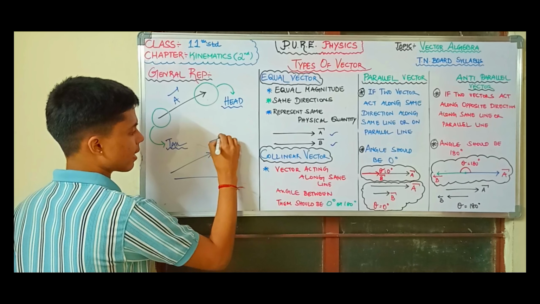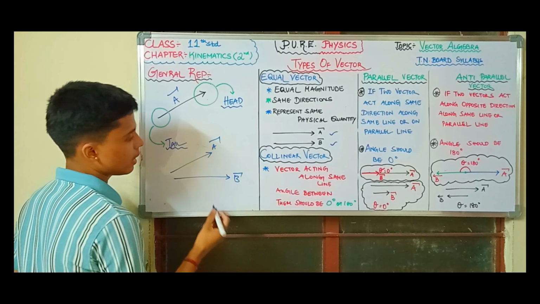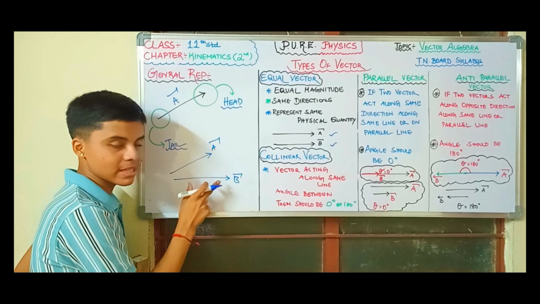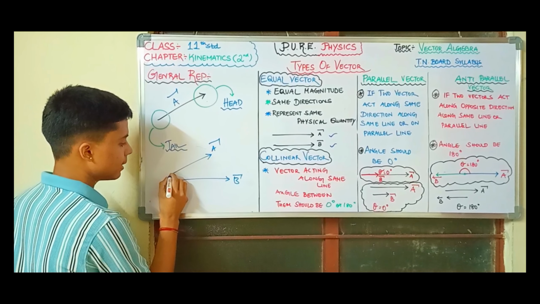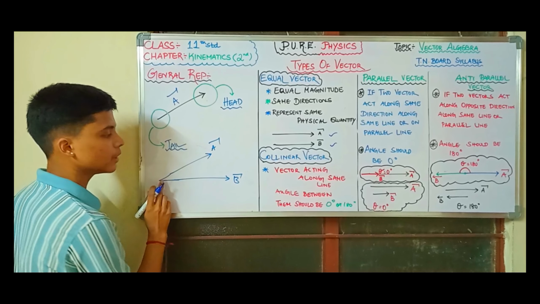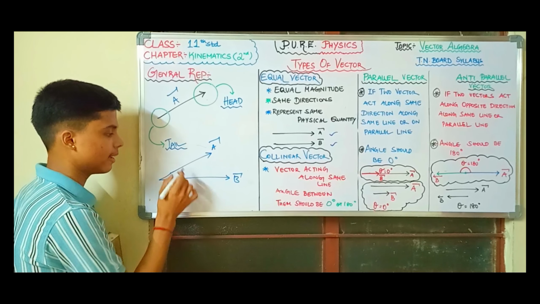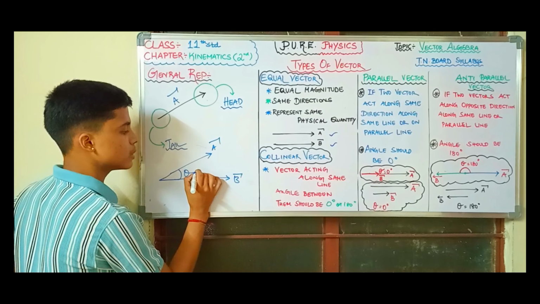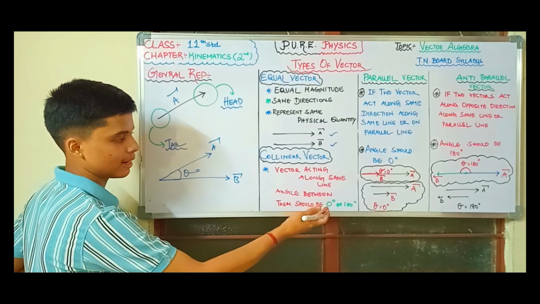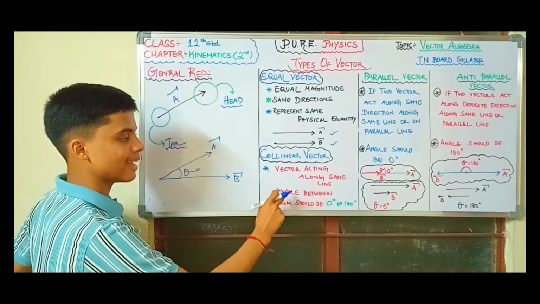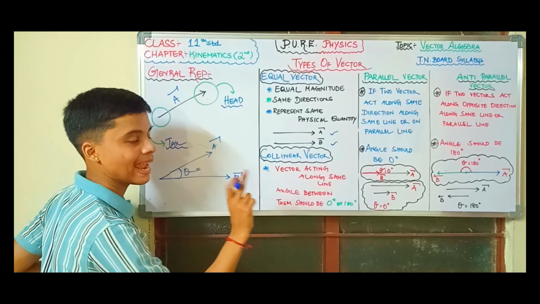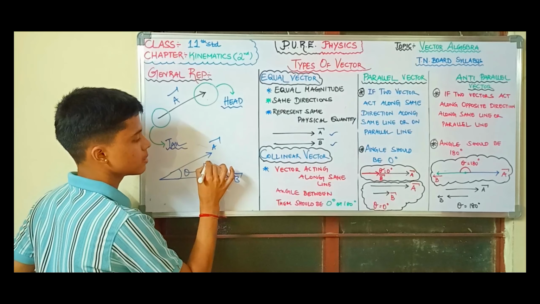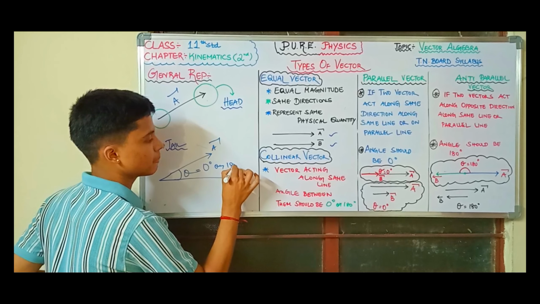This is vector A and this is vector B. Now the heads of the two vectors will not touch each other, but the tails of the two vectors will touch each other and make an angle theta. In this condition, the angle between these two vectors should be either 0 degree or 180 degree.